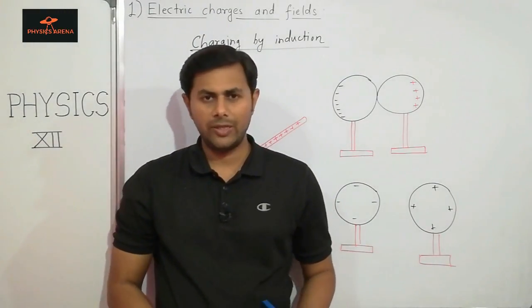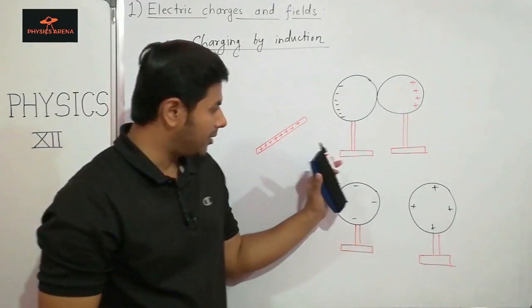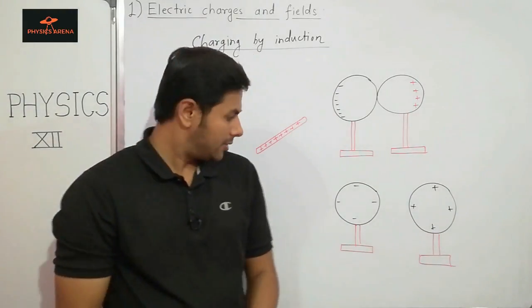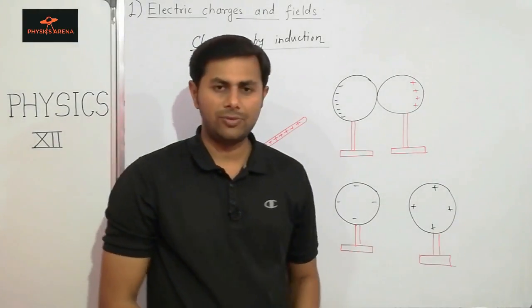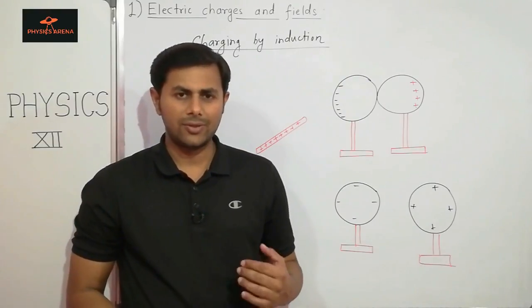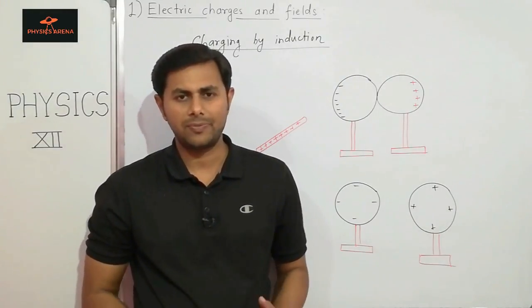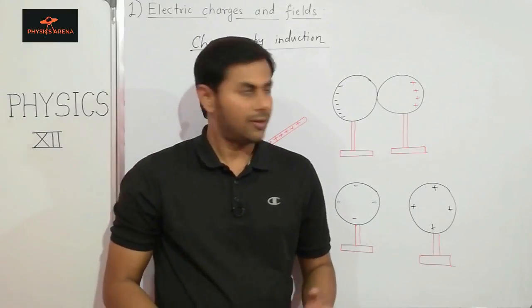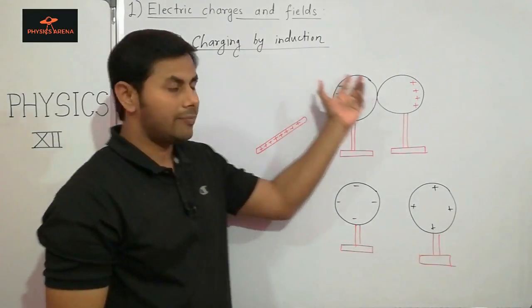Notice that we did not touch any of the metal balls, and still these negative and positive charges are developed on the metal balls. So this method of charging materials is called charging by induction.